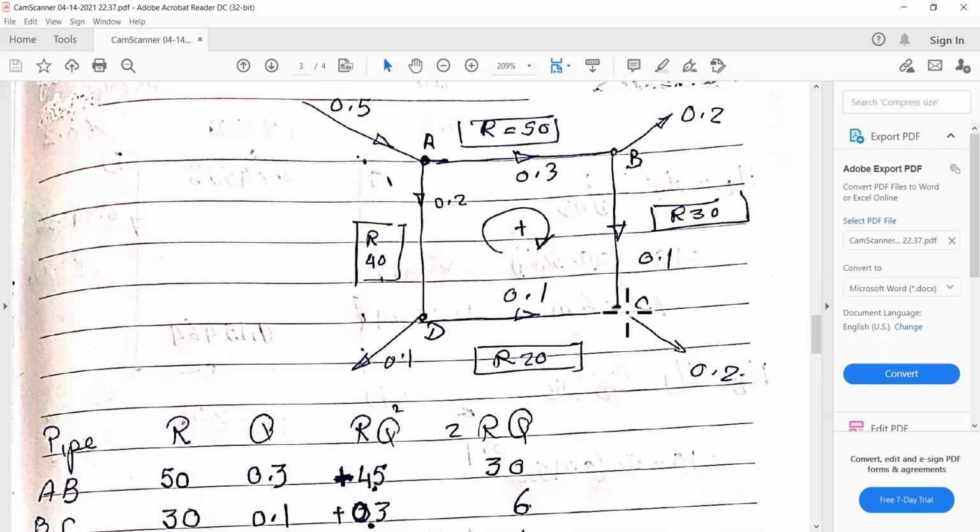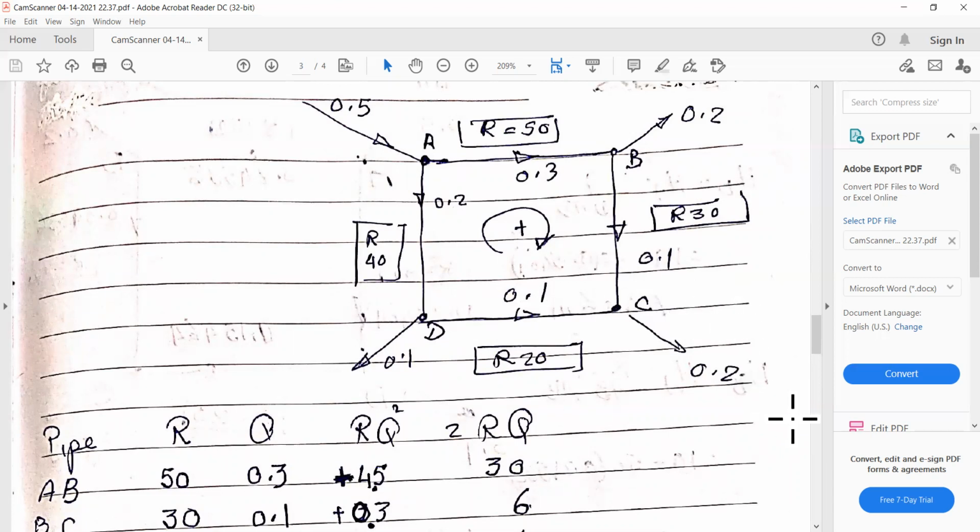At the point C, we have 0.1 coming in from BC, 0.1 coming from DC, and 0.2 is a demand at point C. Again, 0.2 here is meter cube per second. Okay, the resistance R is second square divided by meter to the power 5 to satisfy the relation H losses equal R multiplied by Q square.